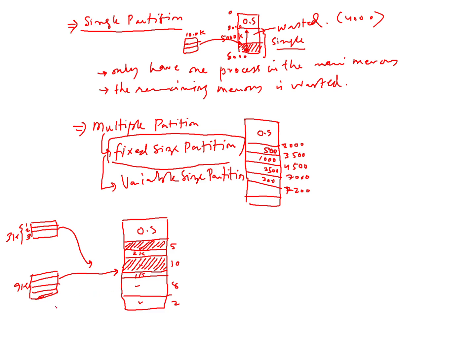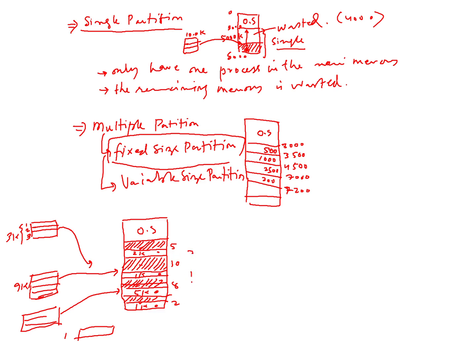Now we see another process of 3k, and we have shifted that here, and we might have utilized some portion, but still 5k is wasted here. And for the same reason we have a 1k process right here, so we have utilized 50% of this, but 50% is still wasted.